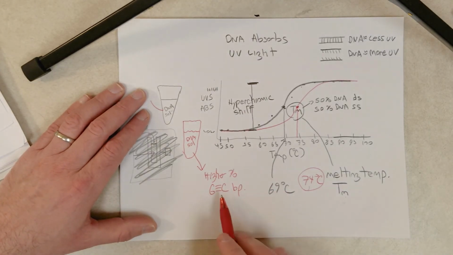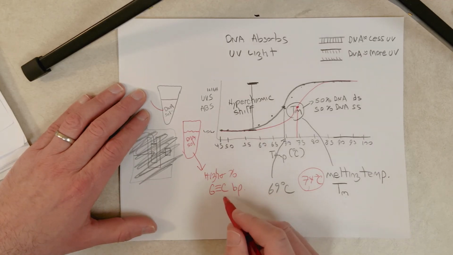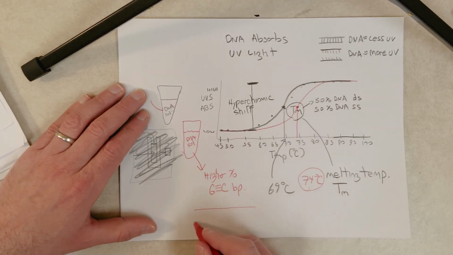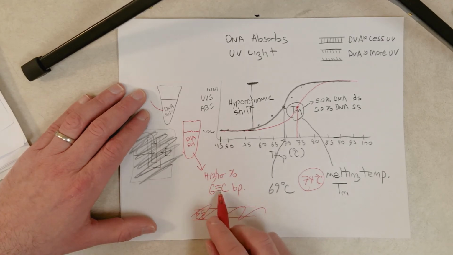Now remember, GC base pairs have 3 hydrogen bonds, while AT base pairs only have 2 hydrogen bonds. So it takes more energy to break DNA that has more GC base pairs.